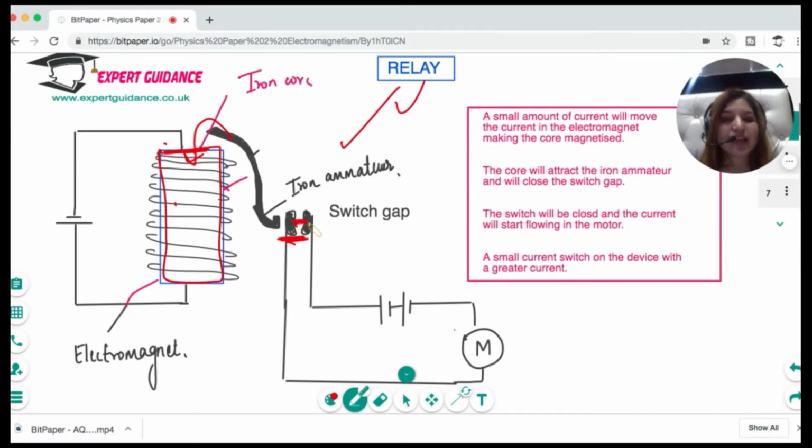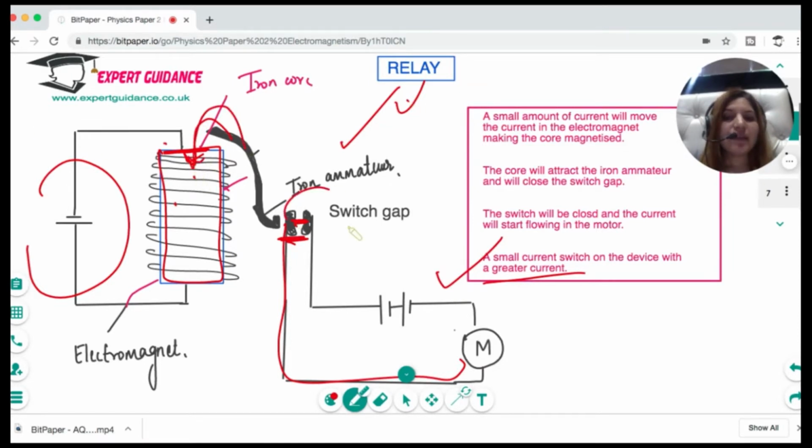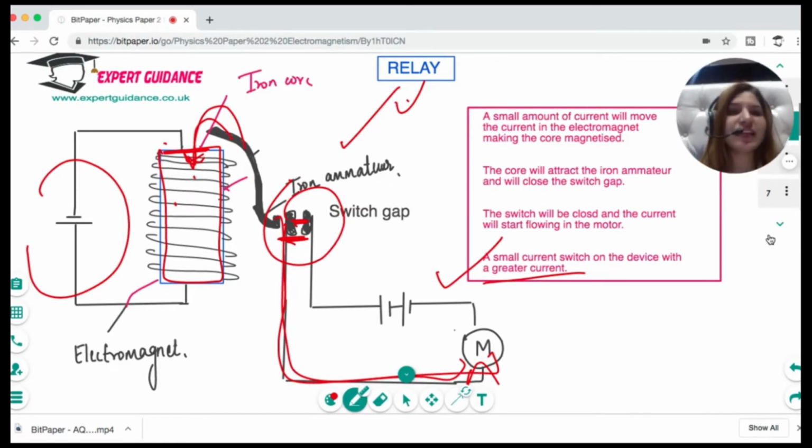As the switch gap is closed, the current will flow through the motor, so a small amount of current in the device will give a greater current. So again, the electromagnet attracts the armature, closes the switch gap so that the current flows, and it switches on the motor. Okay, so you should be able to define the electromagnet for the exam and the various applications of the electromagnet.